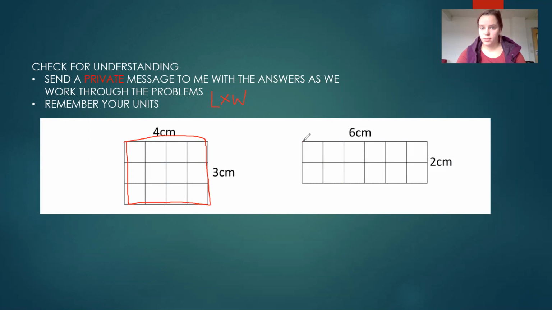So remember the length times width. And then when you're done that, you're gonna find the perimeter. So one side plus one side plus one side plus one side.